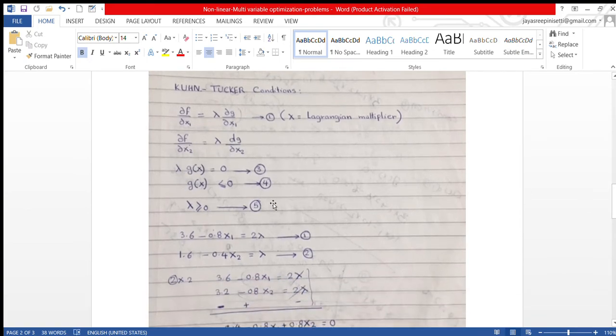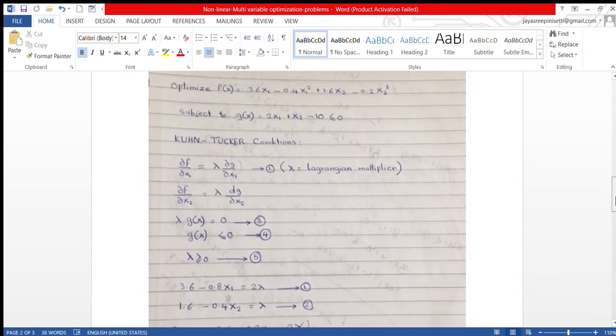Then follow these conditions. For the first equation with respect to x1, differentiating 3.6 x1 with respect to only x1, forget about x2. So here you get 3.6 minus, for the second term, 2 multiplied by 0.4, which is 0.8 times x1.